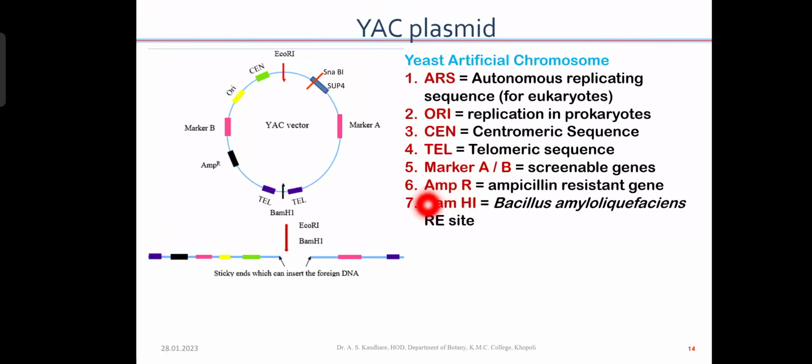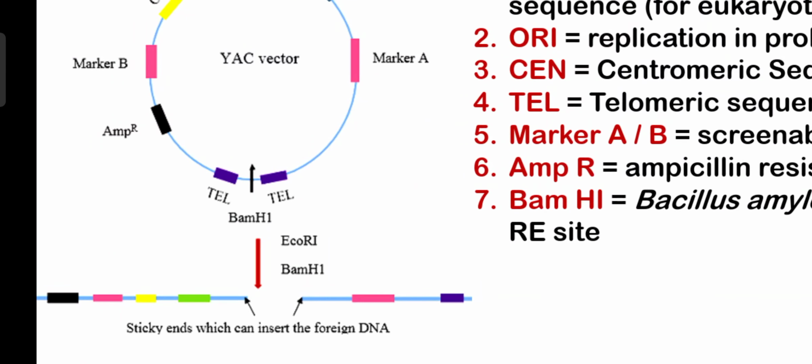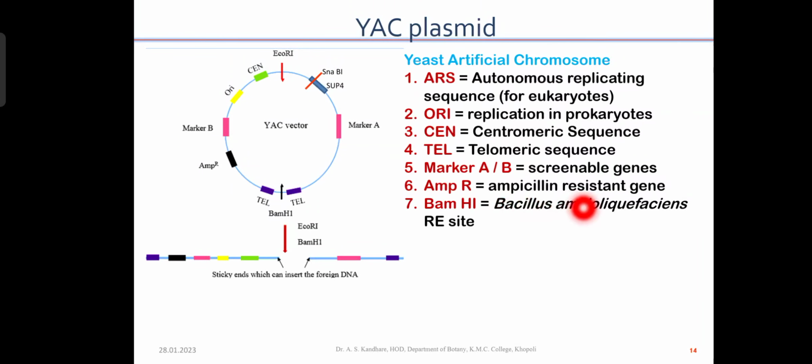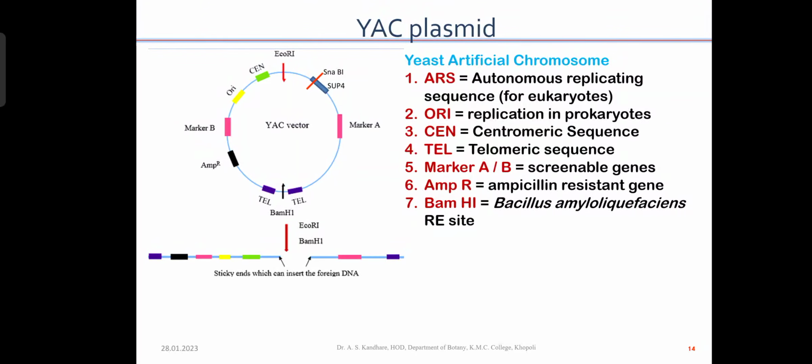Then it has BamHI, that is a restriction enzyme site, isn't it? Here you can see this BamHI site. The enzyme named BamHI can cut here and cleaves between these telomeric regions. This BamHI is obtained from Bacillus amyloliquefaciens bacteria. Then it has an EcoRI restriction enzyme site, isn't it?